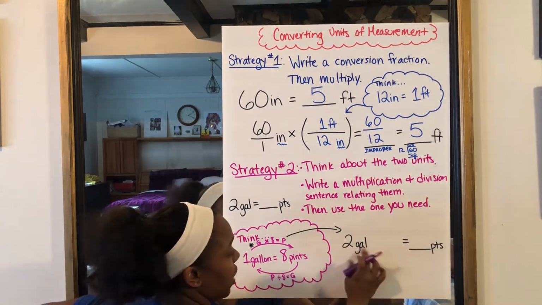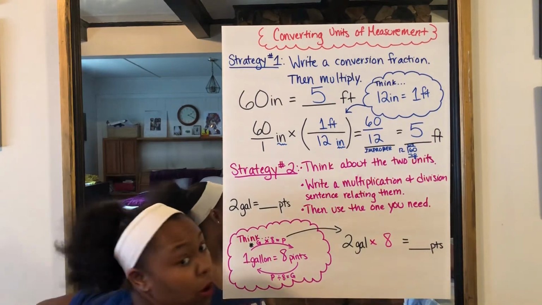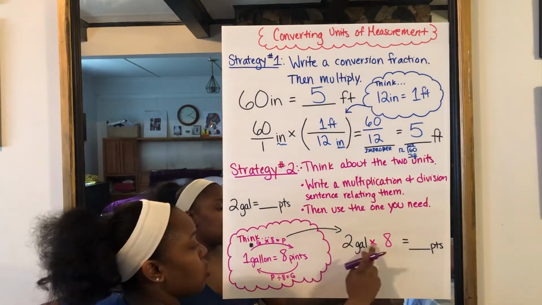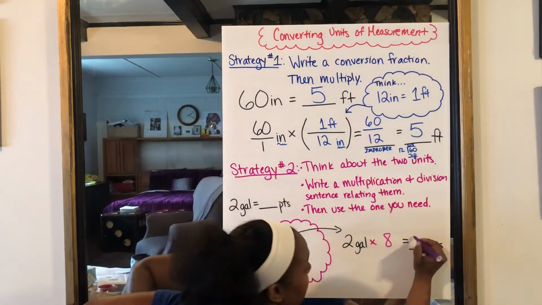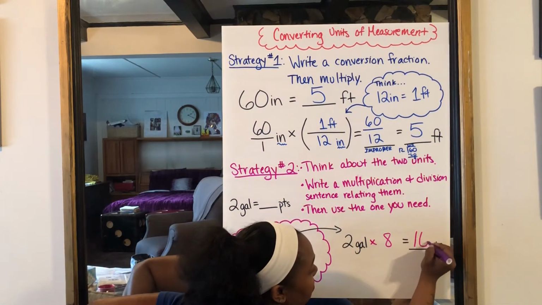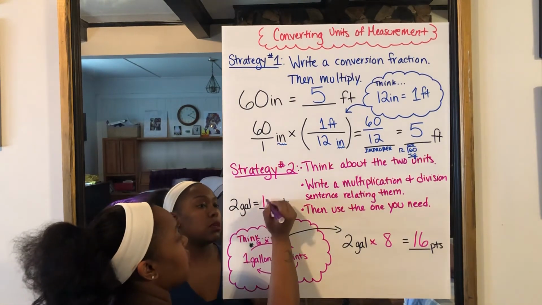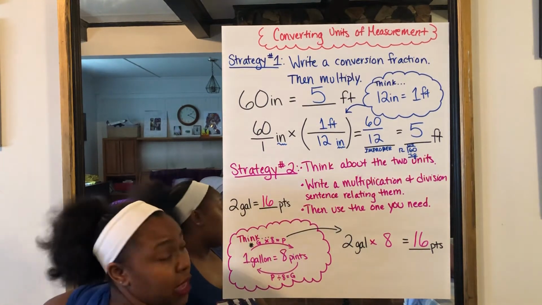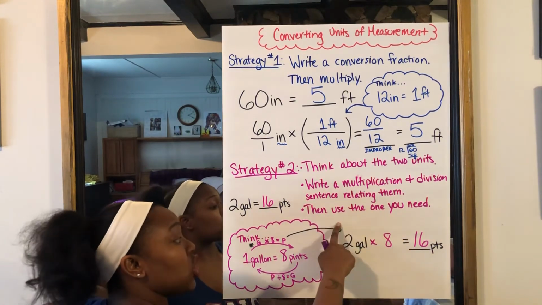So 2 gallons times 8 equals however many pints. Well, 2 times 8 equals, everybody, good, 16. 16 pints. So 2 gallons equals 16 pints.